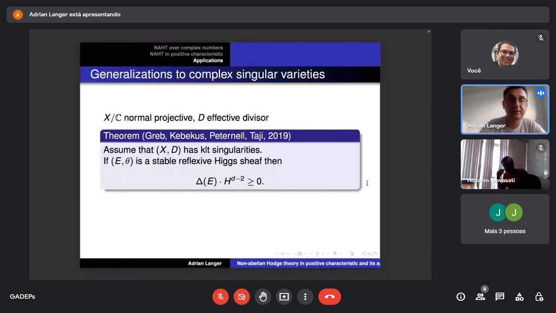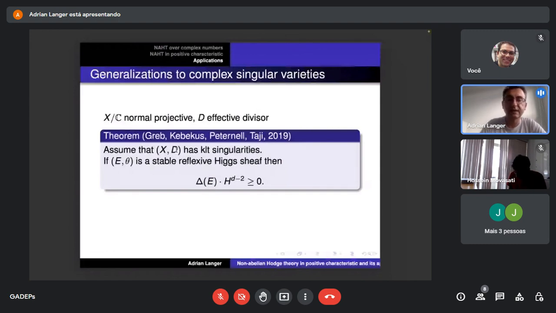Anyway, if you have a normal projective variety with an effective divisor D, then Greb, Kebekus, Peternell, and Taji proved that if your pair has Kawamata log terminal singularities, and if you have a stable reflexive Higgs sheaf on this X, then this discriminant has non-negative degree on every general complete intersection surface.